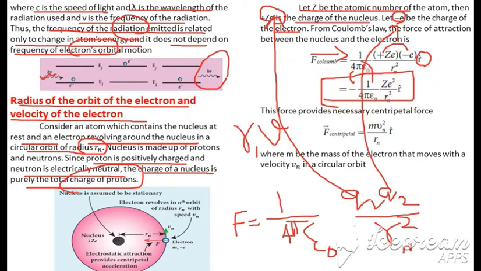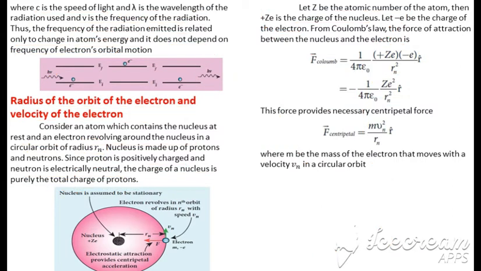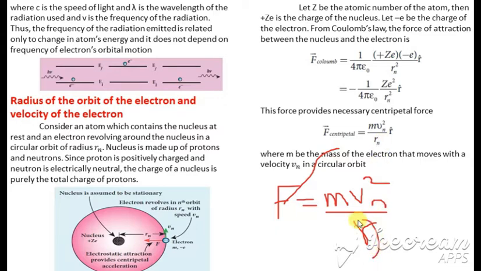Next, the centripetal force is given by F is equal to m v square divided by r. So F centripetal is equal to m vn square divided by rn into r cap, because we are writing this F in vector form.